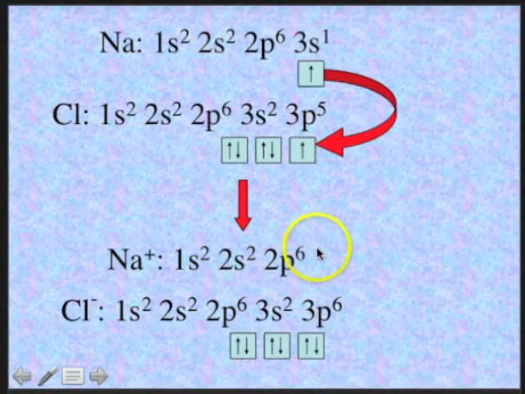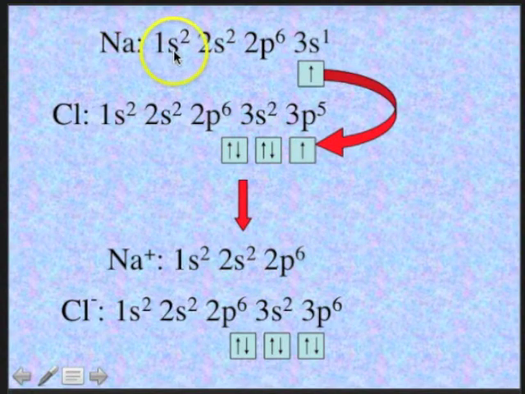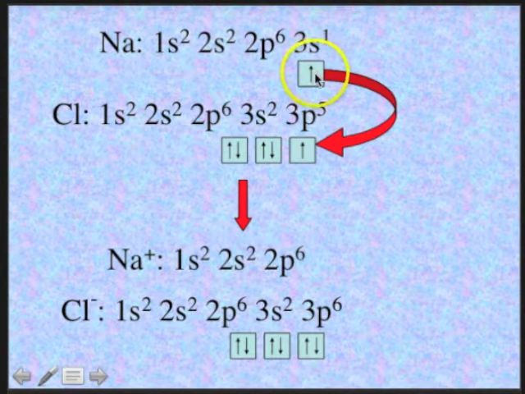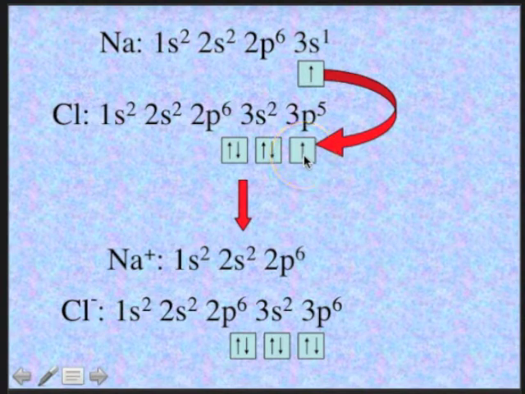So what we saw was that the sodium atom, 1s2, 2s2, 2p6, 3s1, transferred its valence 3s1 electron to the chlorine atom, 1s2, 2s2, 2p6, 3s2, 3p5.